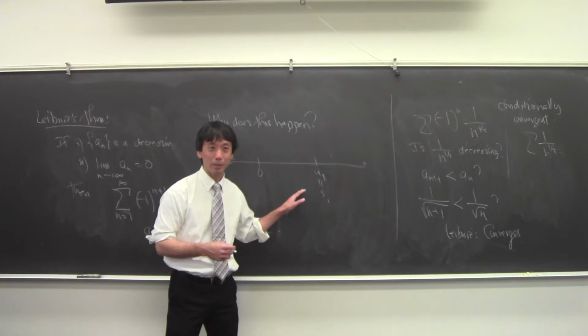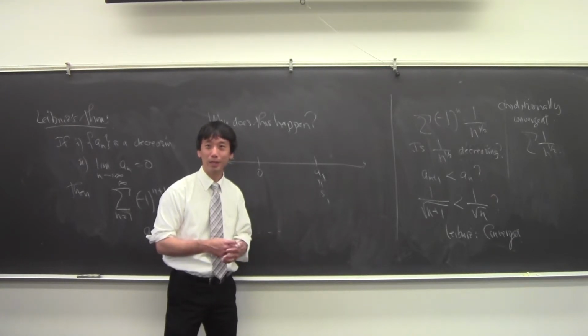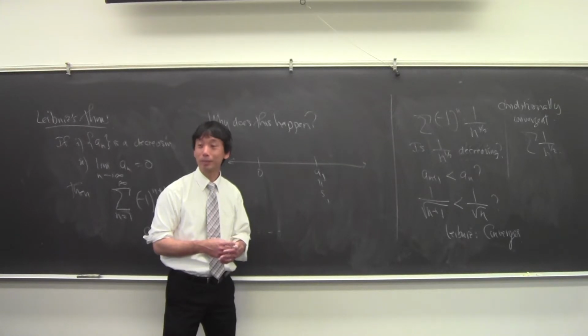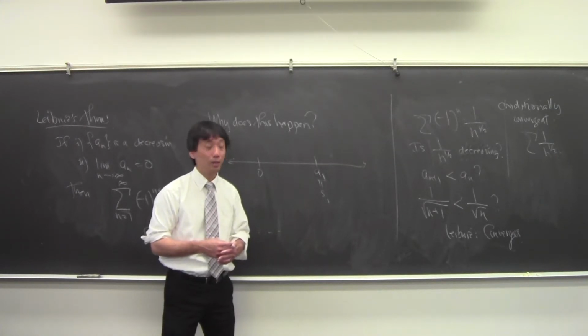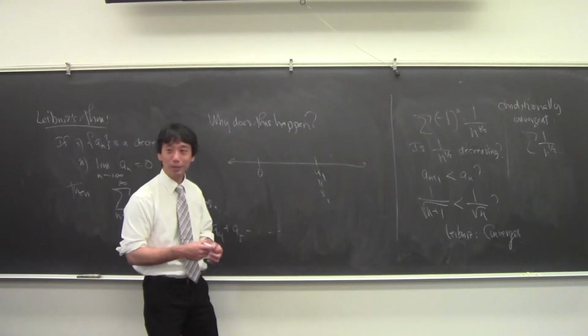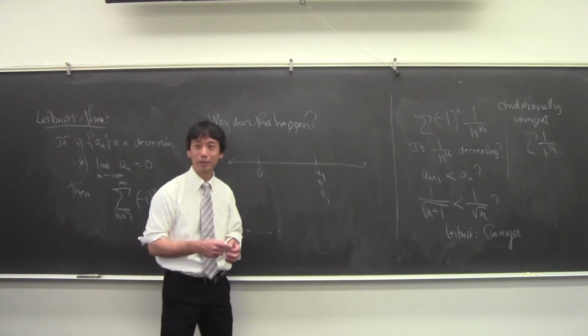Does anybody see some phenomenon that occurs? Do they alternate on the sides of 0? Well, no. It stays between a1 and 0.